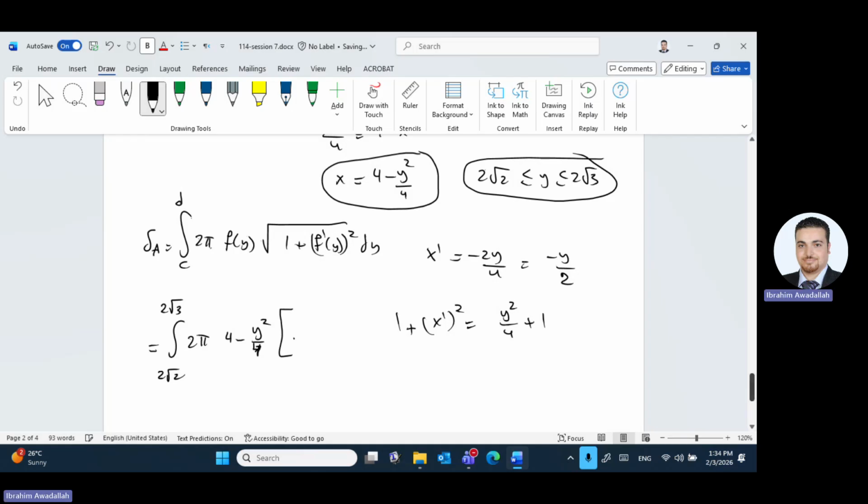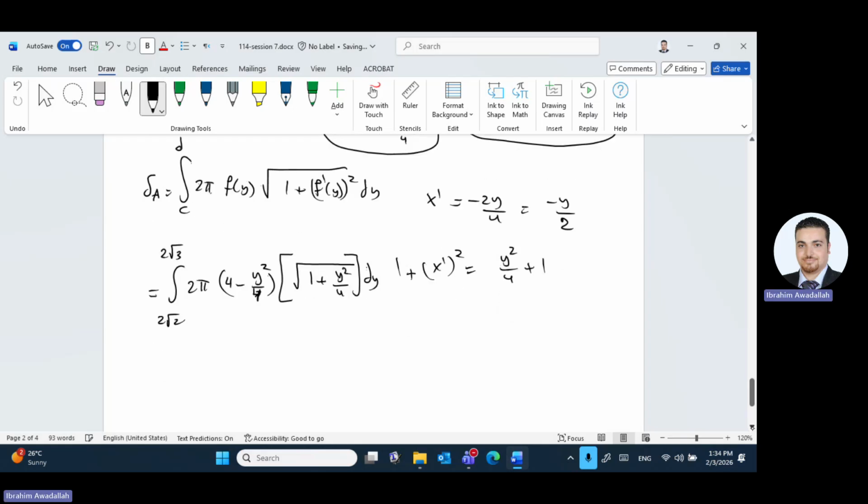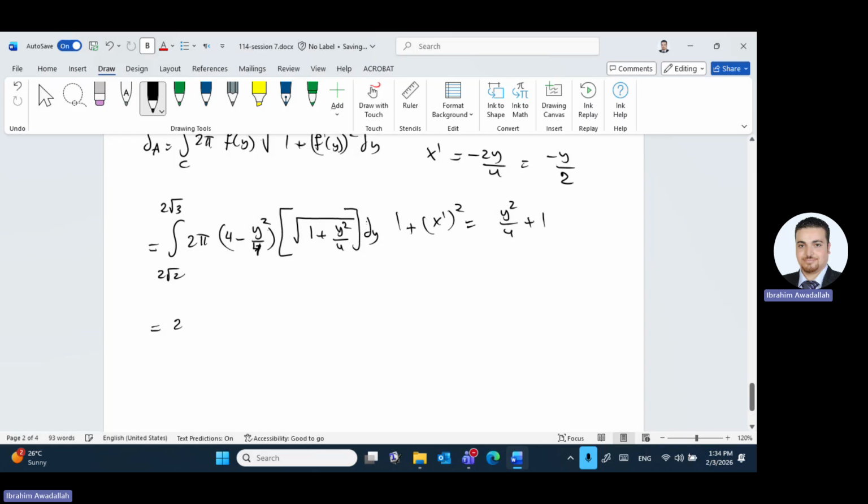And here we have under the root 1 plus y to the power 2 over 4 dy. Very weird question. 2 pi times the integration from 2 root of 2 to 2 root of 3 of 4 minus y squared divided by 4, times the root of 1 plus y squared over 4, dy.